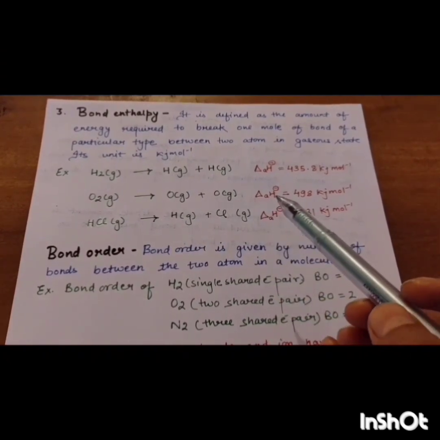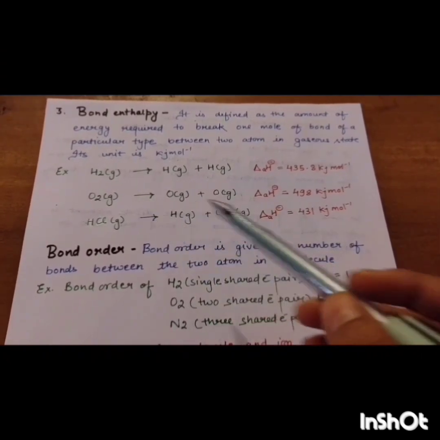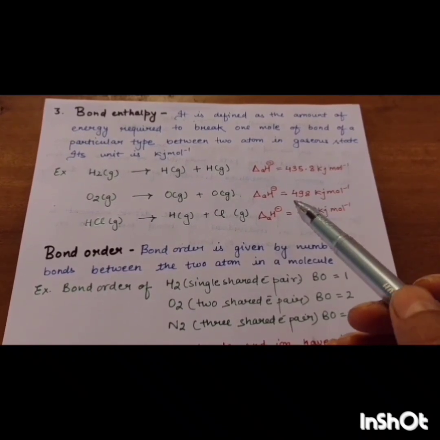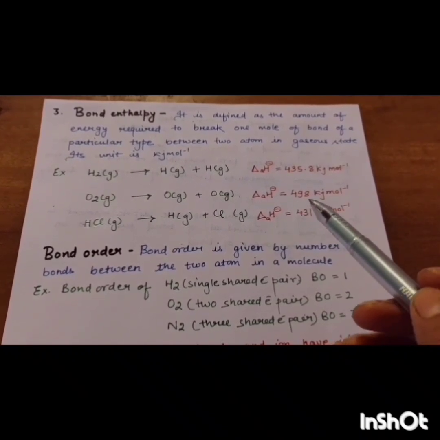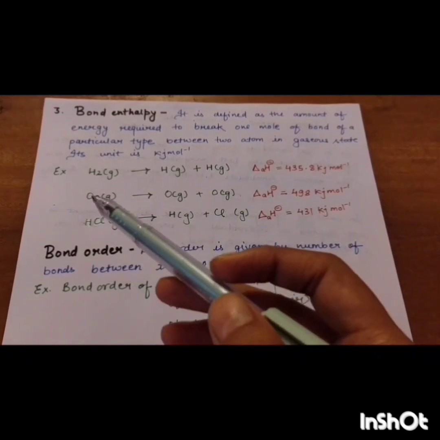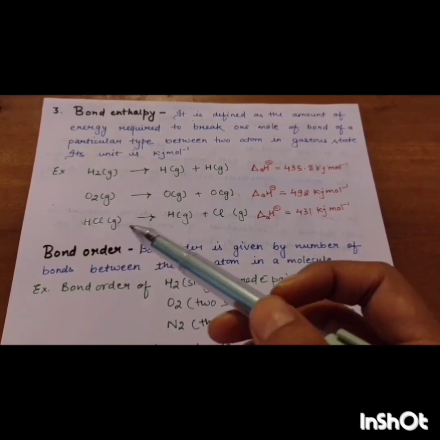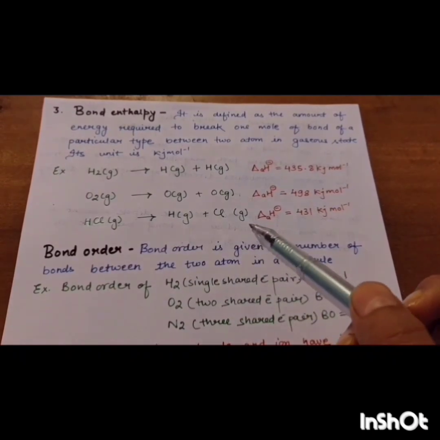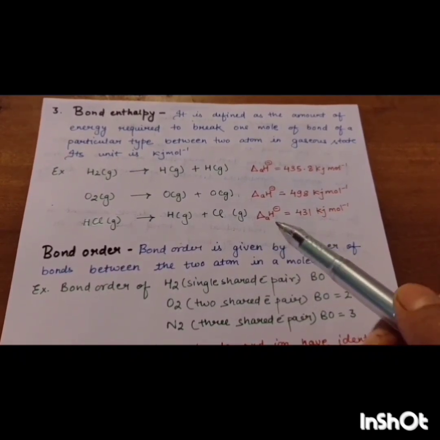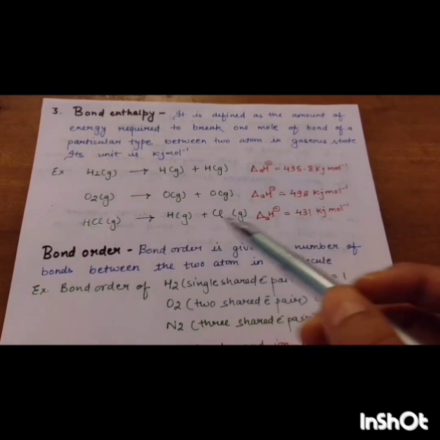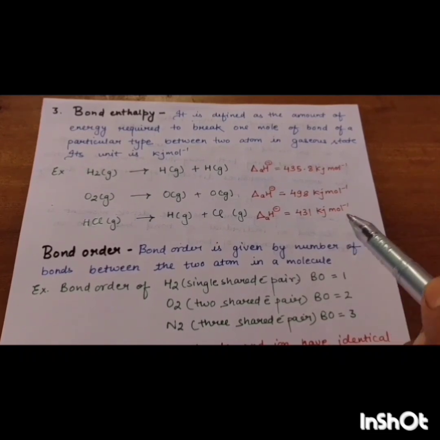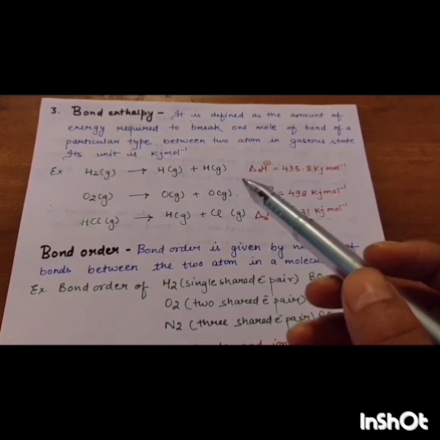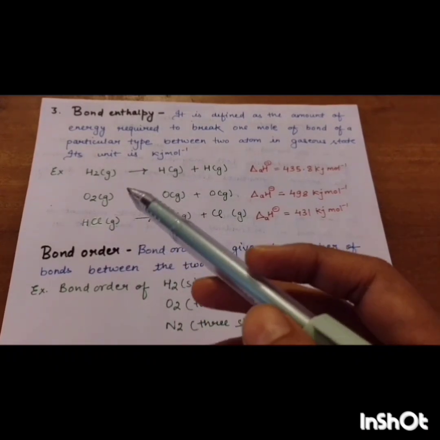Here the bond enthalpy of oxygen is 498 kilojoule per mole, the amount required to break the oxygen bond. In the case of HCl gas, the bond enthalpy needed to break the HCl bond is 431 kilojoule per mole. So these are the amounts of energy required to break the particular bond.